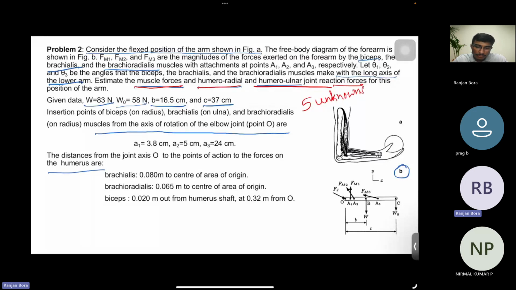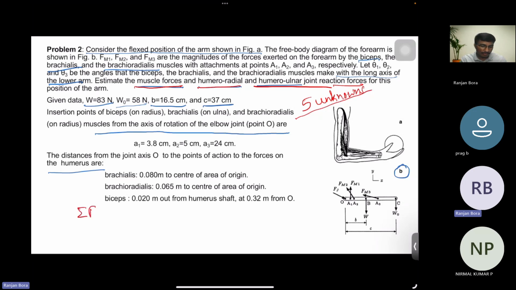So to get the five unknowns, we need to have five equations, right? Then only we can solve the problem. But how many equations do we have? We have the force equilibrium equations and the moment equilibrium equations.